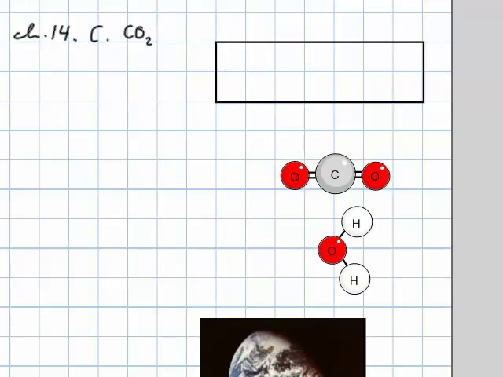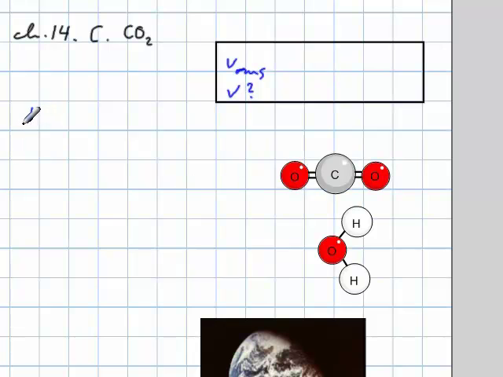Okay, let's see what they have given. They have given the VRMS for H2O, but they want to figure out what it is for CO2, and basically that's it. They say the temperature is the same for those. This is under the header of the kinetic theory of gases, so we look in there at what equations we have, and one of them says that the average kinetic energy is 1/2 mv squared.